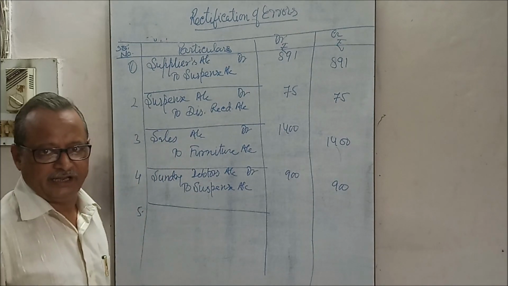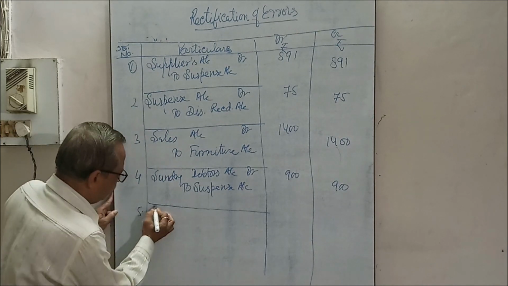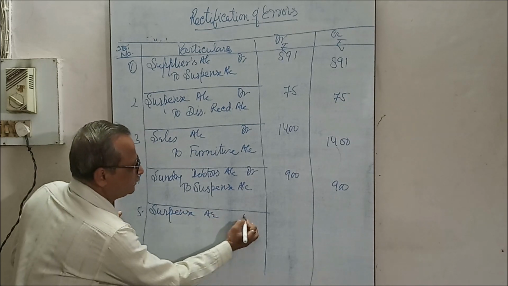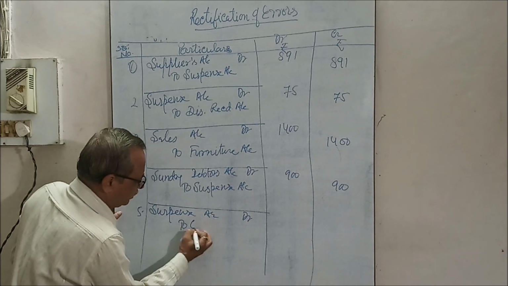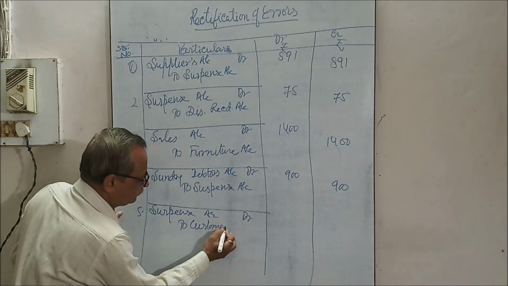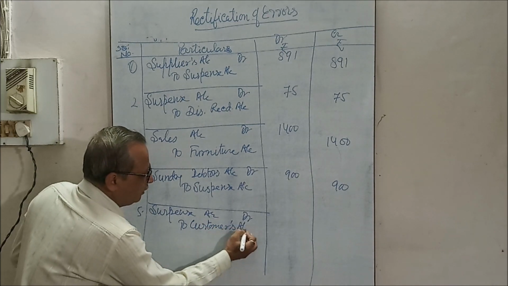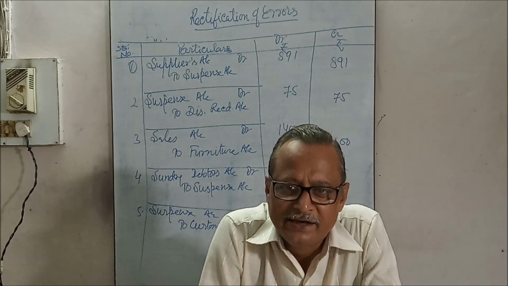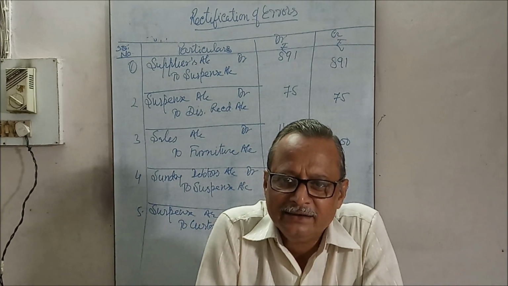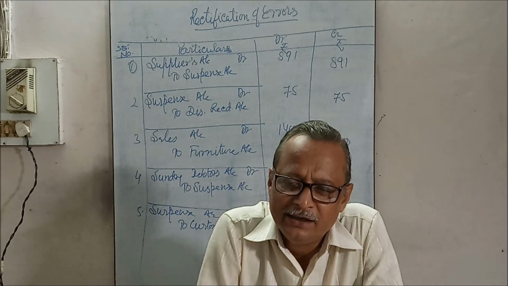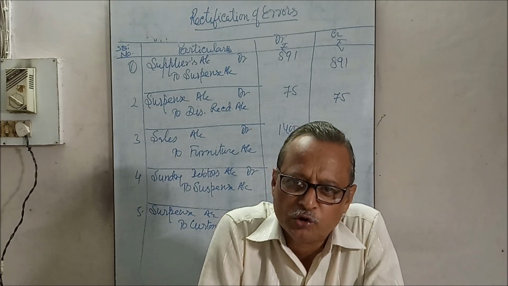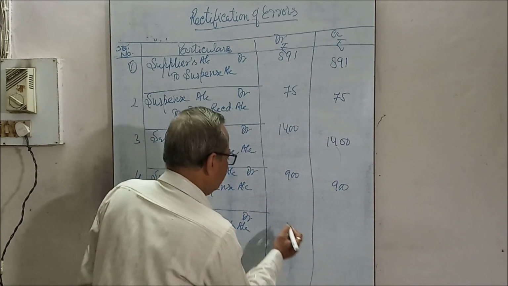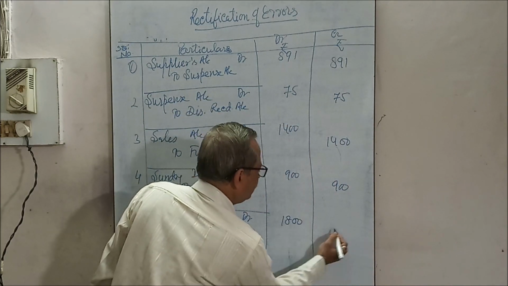This is a clerical mistake, and the entry is suspense account debit to customer's account. The amount wrongly debited is 900, so debit amount plus credit amount both should be added, and 1800 should be entered to rectify it.